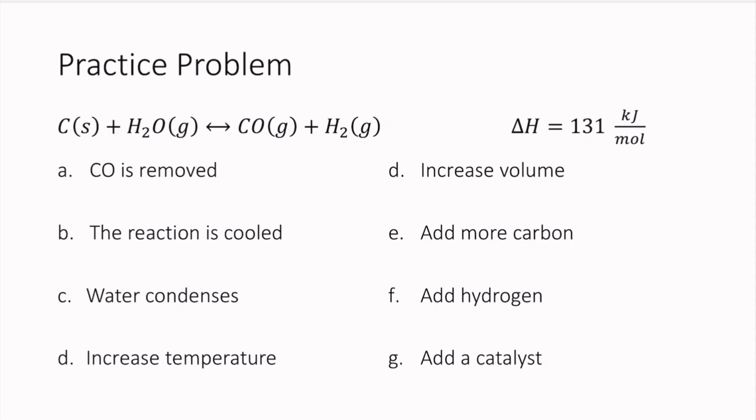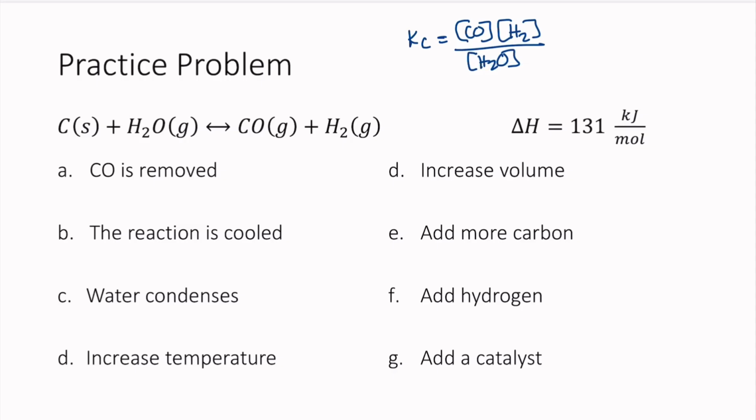All right, one of the first things I like to do is write out my equilibrium expression. And my equilibrium expression is going to be Kc is equal to the concentration of carbon monoxide times the concentration of hydrogen gas divided by the concentration of water vapor.